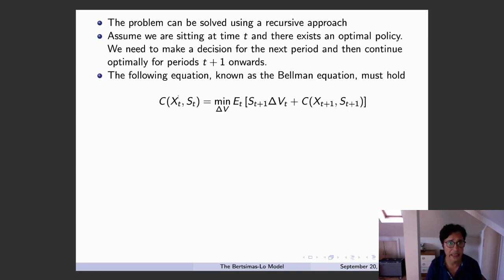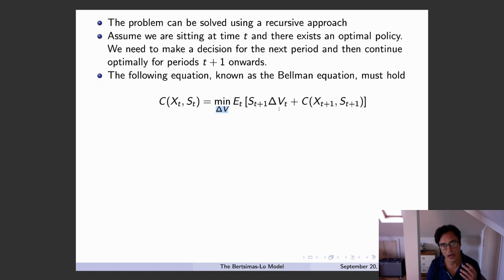So more formally, we want to solve this so-called Bellman equation, which says that if you are at time t, you make this decision, you observe what the price is going to be at time t minus 1, and then you continue optimally. So we are trying to find just one step. In this case, sorry, it should be delta vt here.